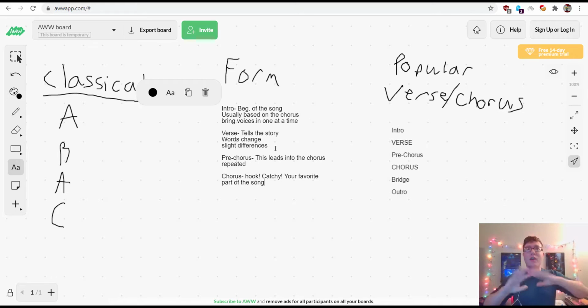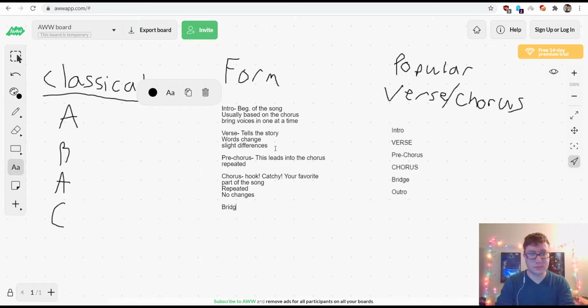Whenever you're writing, if you're writing like a bunch of stuff and then you realize, ooh, I really like that part, that's my favorite, make that part your chorus because it's coming back each time. It's repeated. Exactly. There's no differences. No changes, no nothing. It's just, here's the chorus. Then you do some other things and you're like, hey, remember that thing from before? Here's the chorus again. Bam.